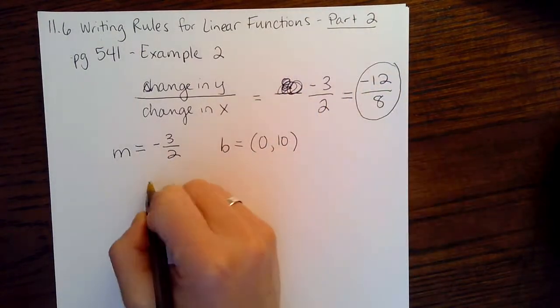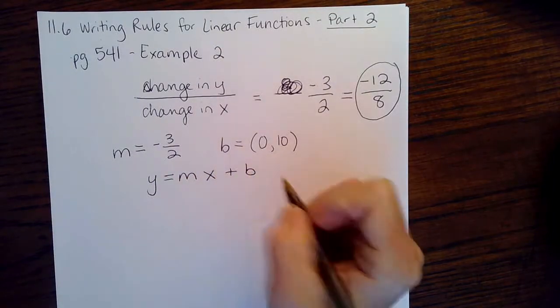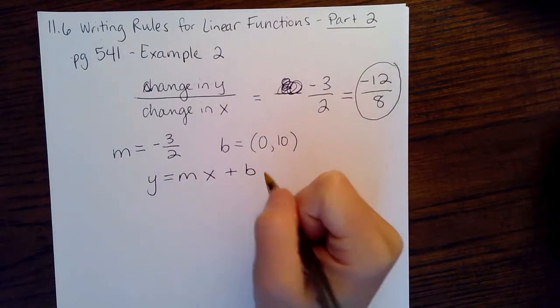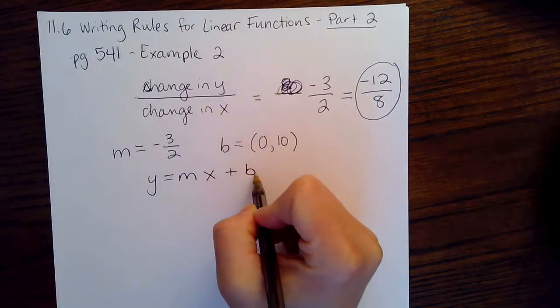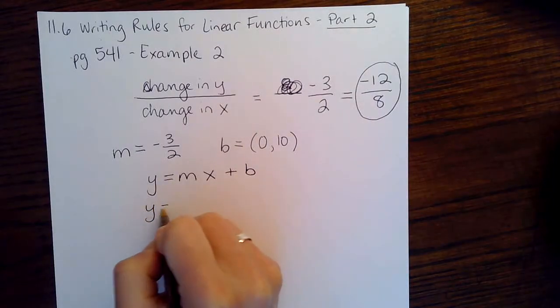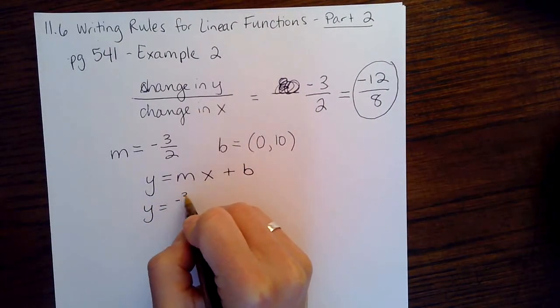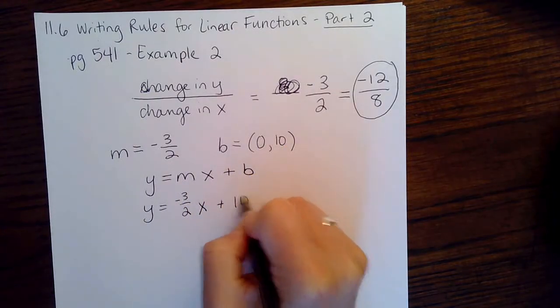And so we use, again, the formula y equals mx plus b. This time, though, I'm using the slope I found from the change in y over the change in x, and the y-intercept, the value when x is 0, to write this equation. m is -3/2, so y equals -3/2 x, and b is positive 10.